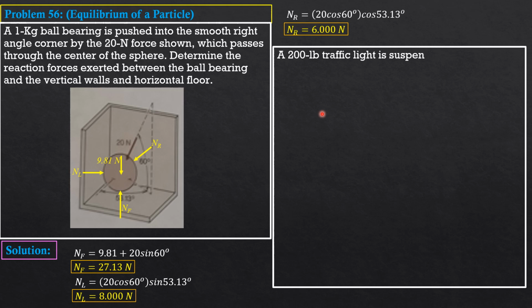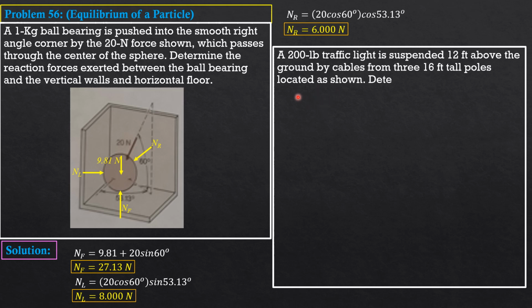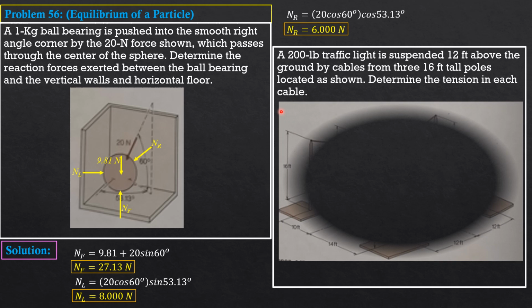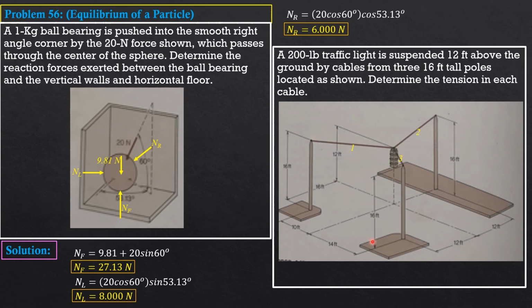For your part, a 200-pound traffic light is suspended 12 feet above the ground by cables from three 16-foot tall poles located as shown. Determine the tension in each cable. So here is the given figure. We have cables 1, 2, and 3.